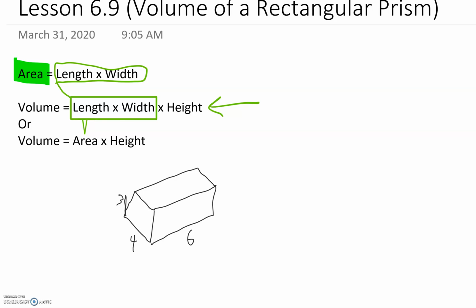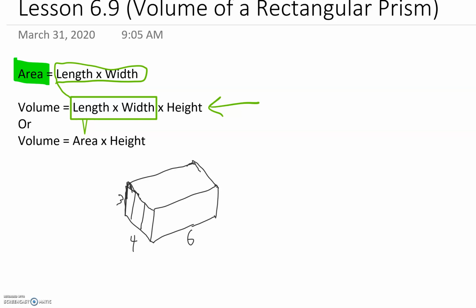This is how tall our shape here is. I didn't draw it perfectly square here. There you go. So you can see that we've got a rectangular prism.